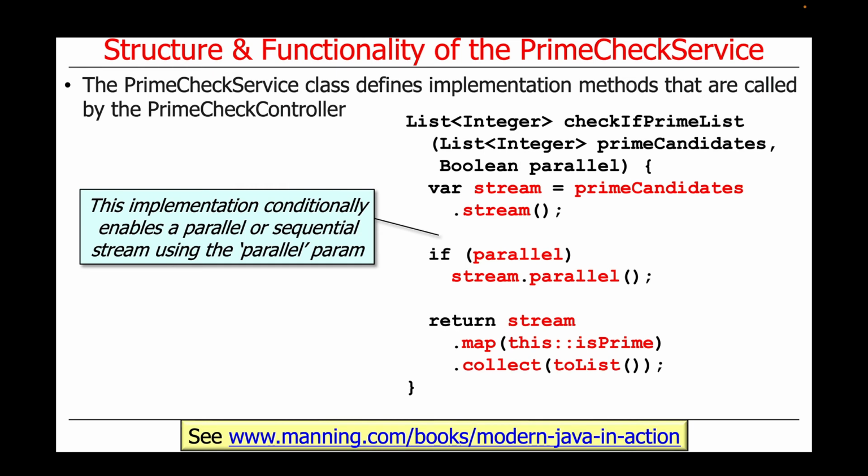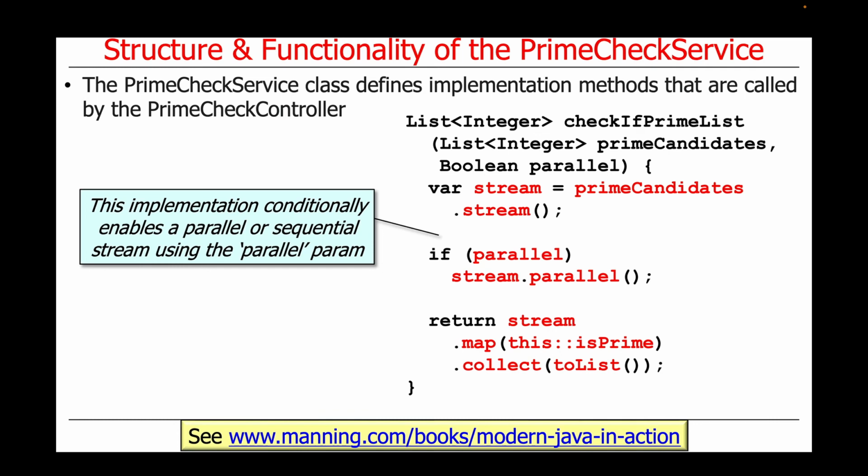So let's actually take a look and see what that looks like if you, again, peek under the hood at the implementation of checkIfPrimeList. And you can see here that this implementation starts by converting the prime candidates list into a stream. Then we do this little clever idiom to check if the Boolean flag is true. We turn on parallelism for the stream.